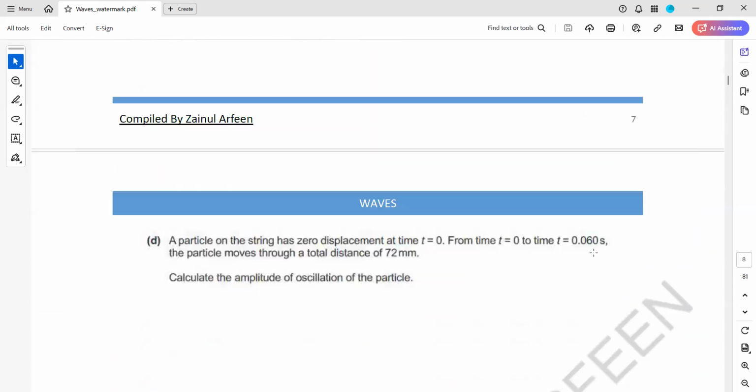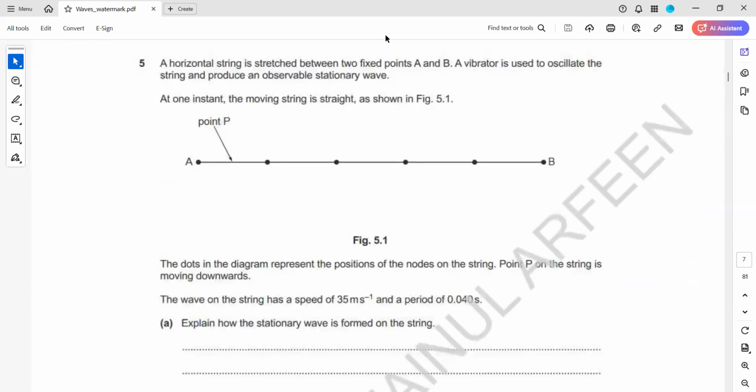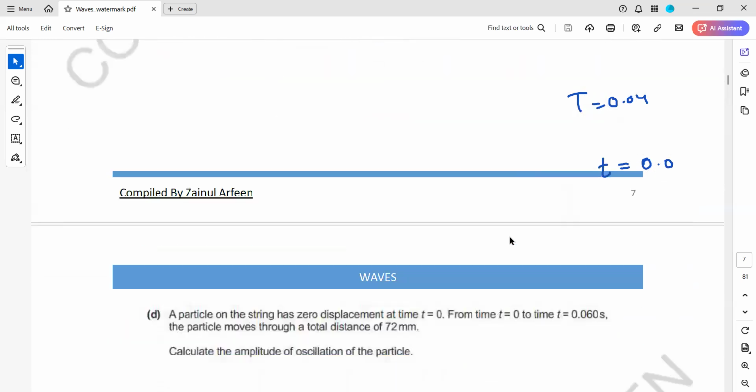So the time period is 0.04, and we want to determine the amplitude at the time 0.06 seconds.